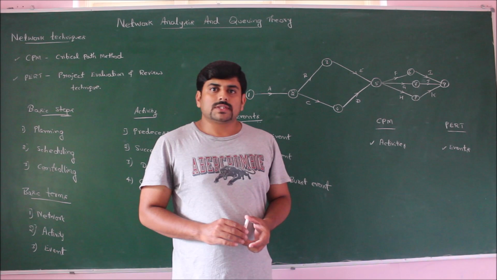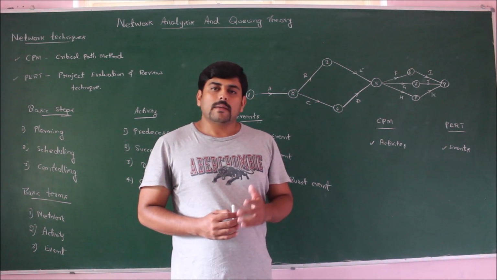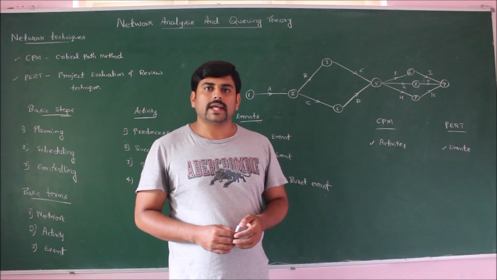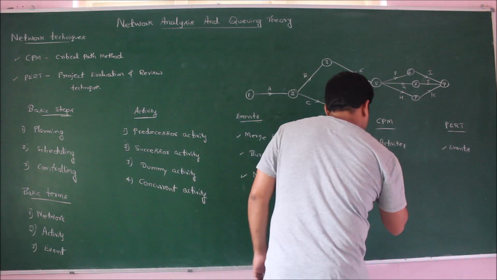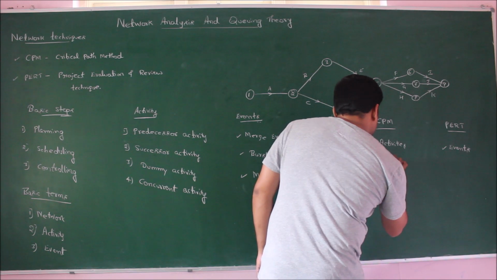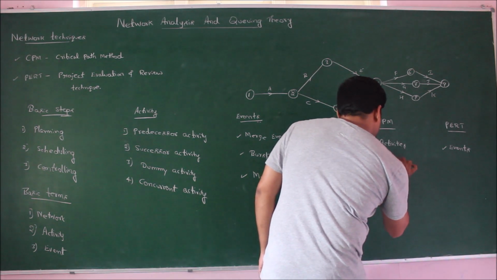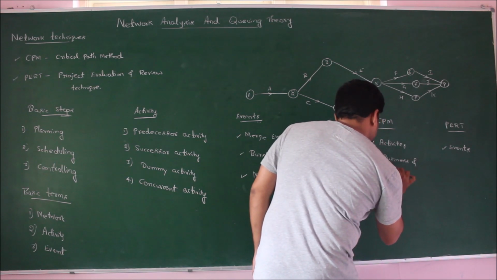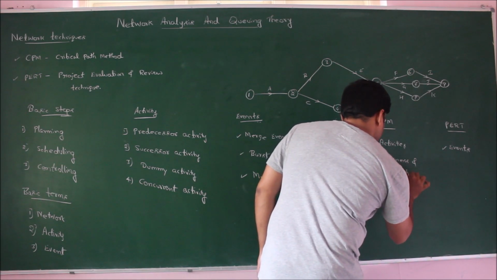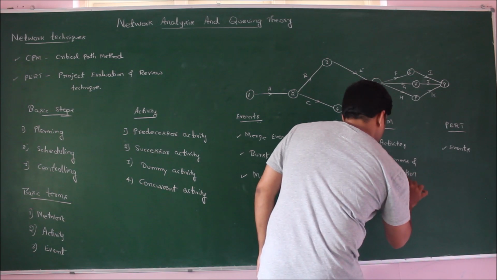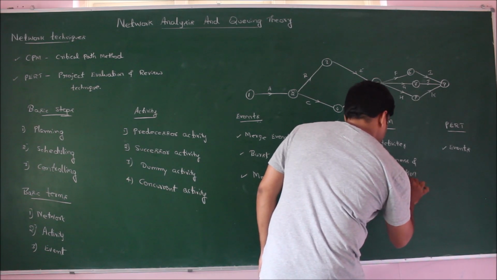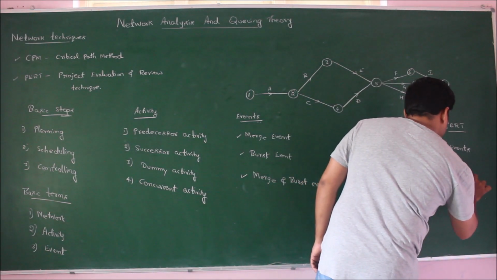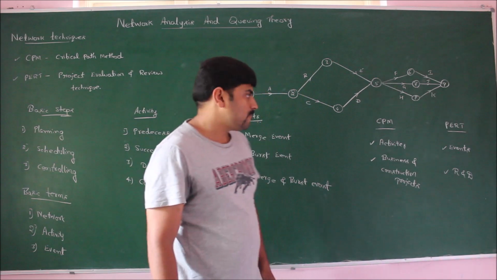CPM is used in construction and business projects, whereas PERT is used in research and development activities. That is, critical path method is used in business and construction projects, whereas PERT is used in research and development activities.